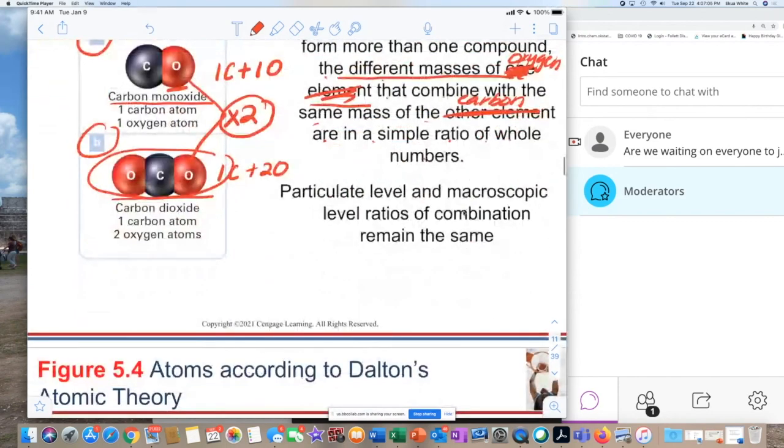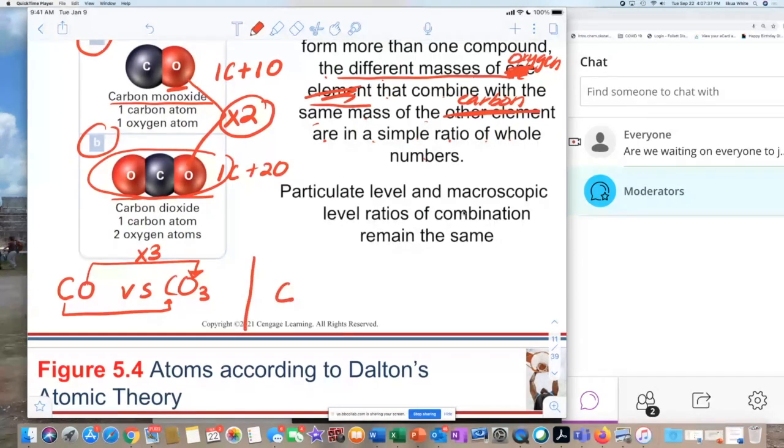Okay? So just to illustrate that further, say you had CO versus CO3. You can see here the number of carbons don't change, but the number of oxygens change. By how much? By 3. So in this case, the law of multiple proportion will show us from the first equation to the second, we have 3 times the number of oxygen, right?